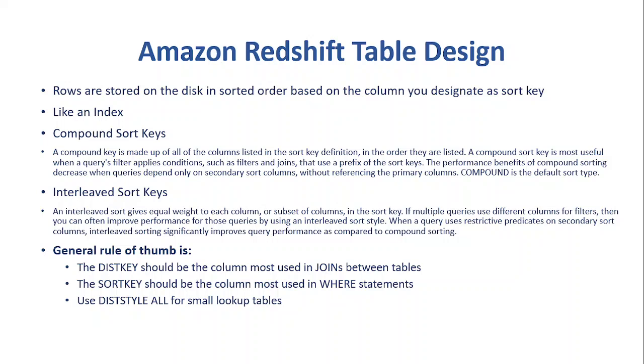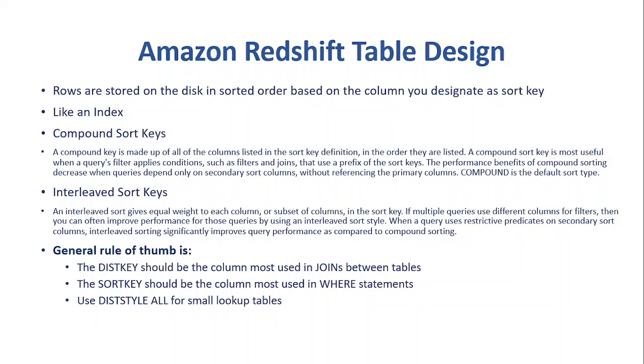All the columns listed in the sort key will be the compound key, and they need to be in order. It can backfire too: if instead of the primary column we use secondary columns in our query, the query performance will decrease. So we need to keep that in mind.